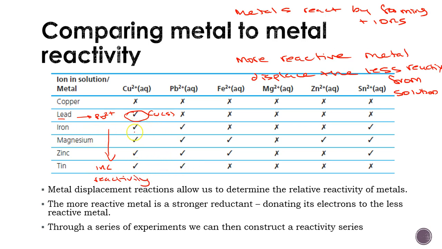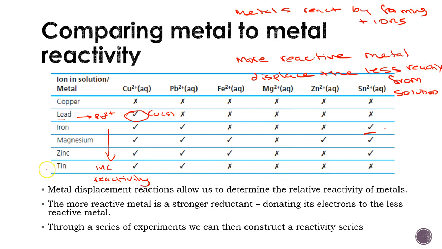So iron can displace copper, lead, and tin, because it's more reactive than tin. Magnesium can displace copper, lead, iron. Of course, it can't displace itself, but it also displaces zinc and tin. Zinc can displace everything except itself and magnesium. And then tin can displace copper, lead, and those two.